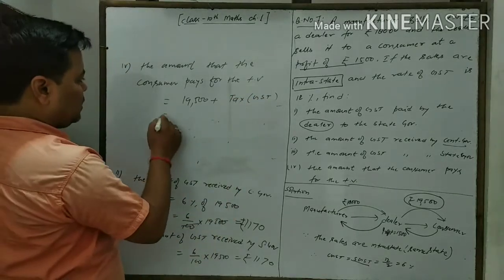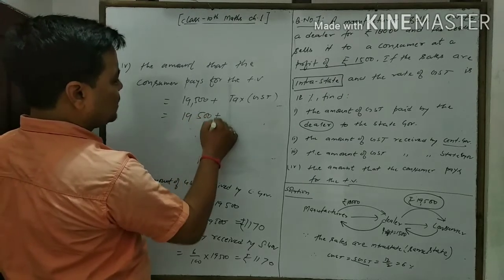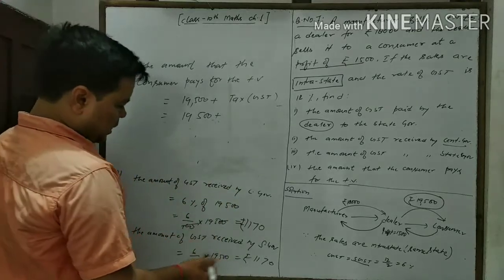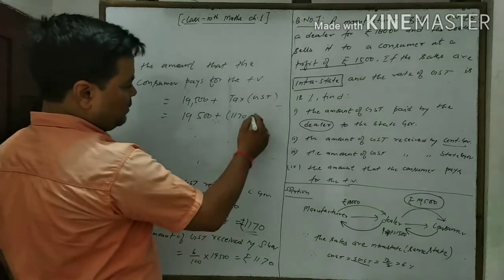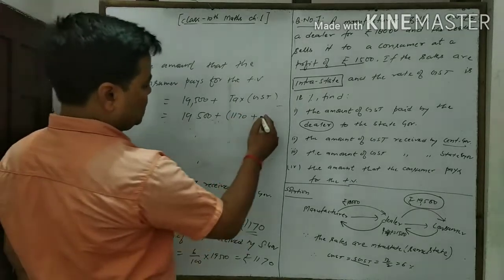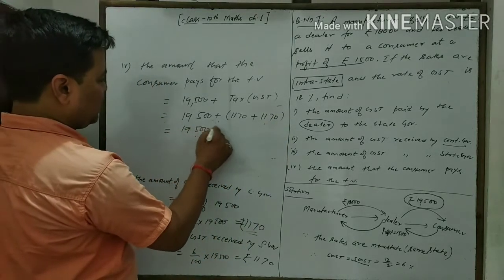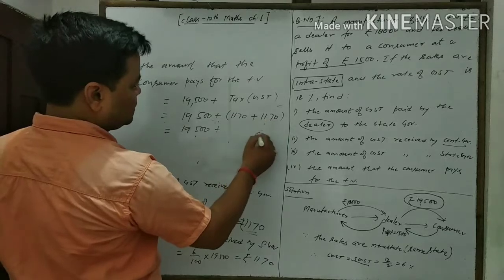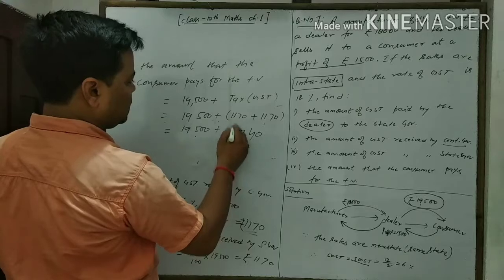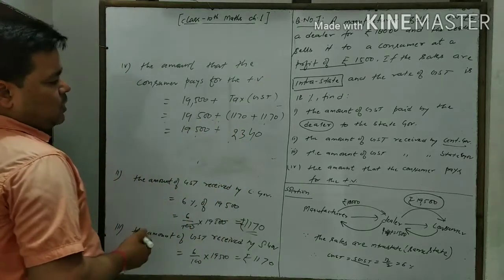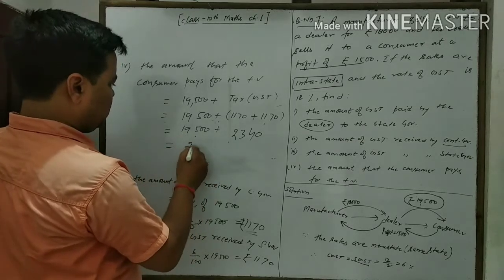So the total amount is 19,500 plus the tax in the form of central GST, 1170, and plus the state GST, which is also the same, 1170. Its value will be 21,840.